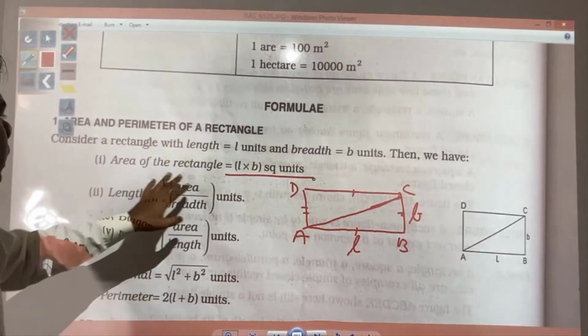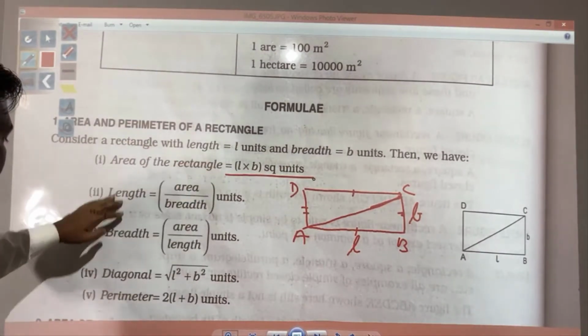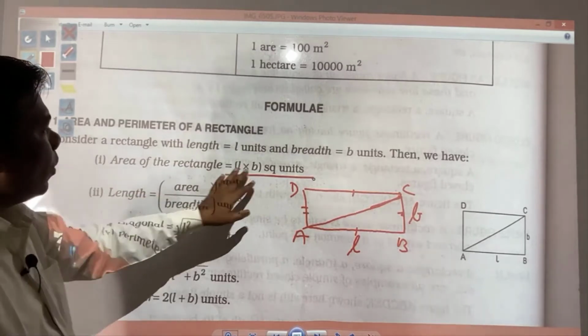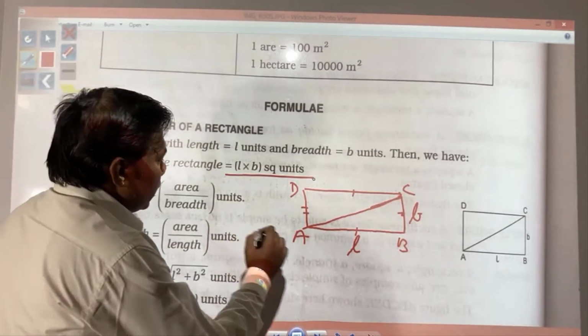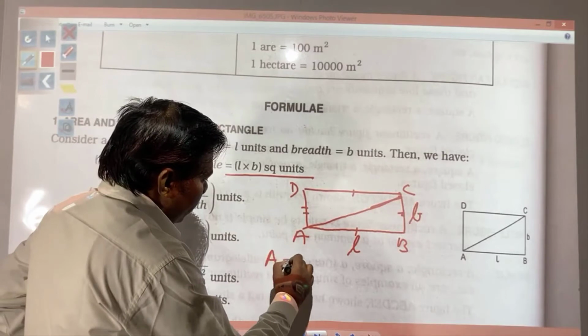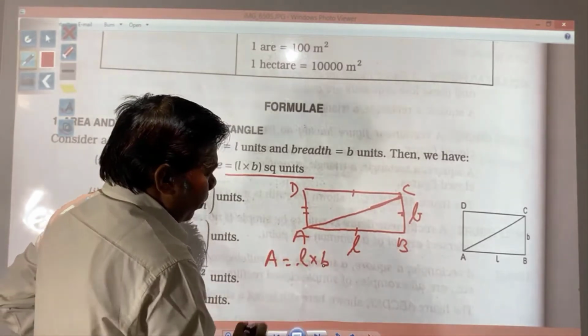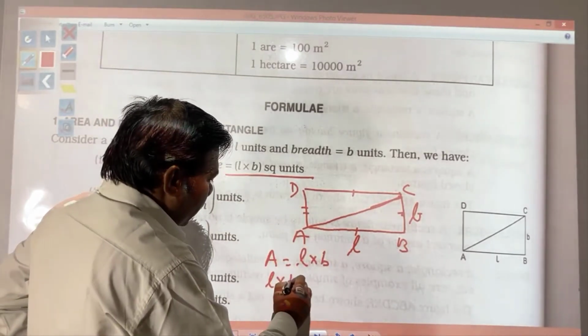Just you see, we can derive this formula. So how will we find out length? Suppose it has been given that area is equal to L into B, or L into B is equal to area.